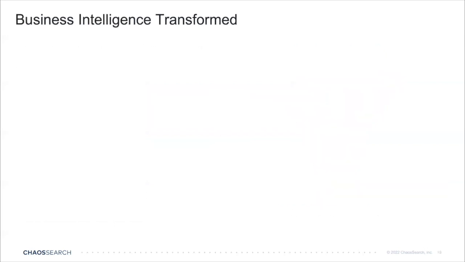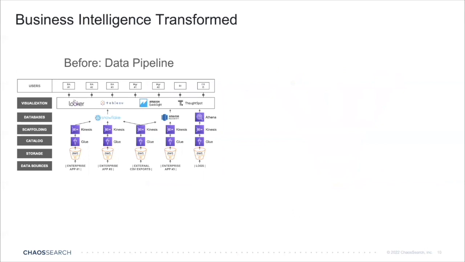Now, that's the operational side. What about the line of business, the business side of things? Well, if you know the data pipelines for all these data feeds, this is very similar to log analytics, where you have to set up the pipelines, configure the stores, set up all this scaffolding, and then put it into a database. And then this database, again, is where a lot of the challenges are: sharding, schema management, et cetera.